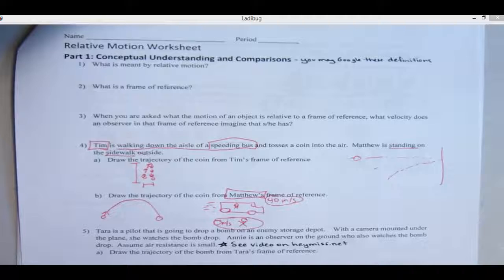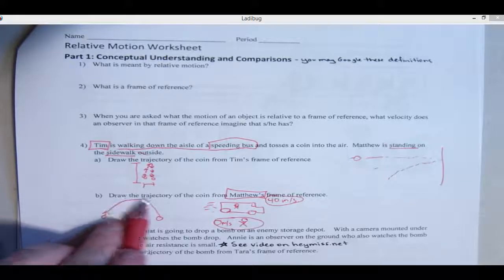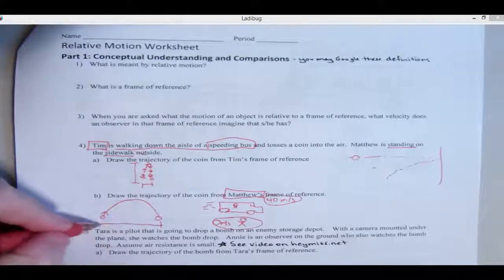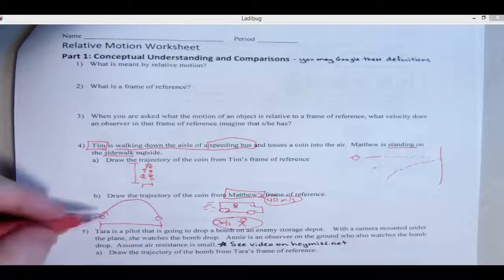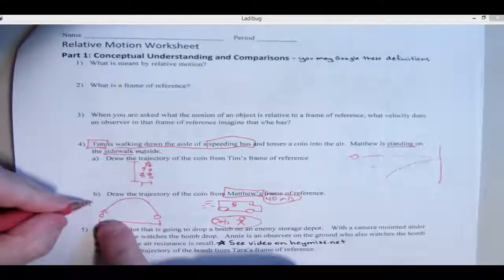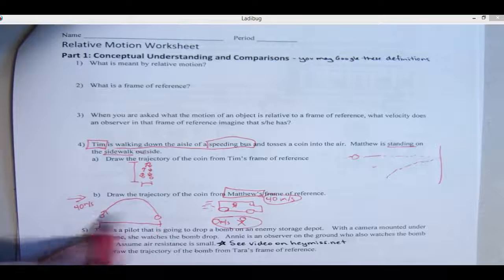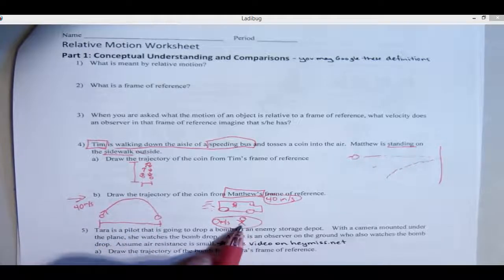Same ground on the y-axis, a lot more on the x-axis. So it's going to look something like this. It's going to go up, down. Notice it's a lot wider because, keep in mind, this coin is going 40 meters per second on the x-axis. So it's going to cover more distance, especially to someone who is sitting on the side looking at it.